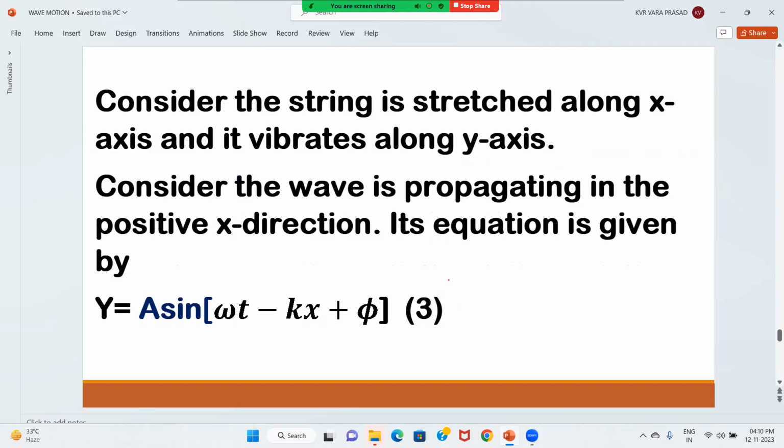Consider the string is stretched along the x-axis and it vibrates along the y-axis. That is what I have discussed, right? So I assume energy is propagating in the positive x direction. Then its equation is y = A sin(ωt − kx + φ). This is the equation.